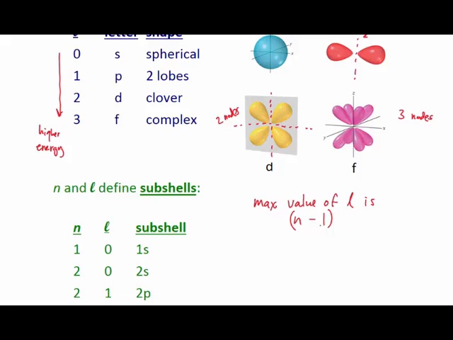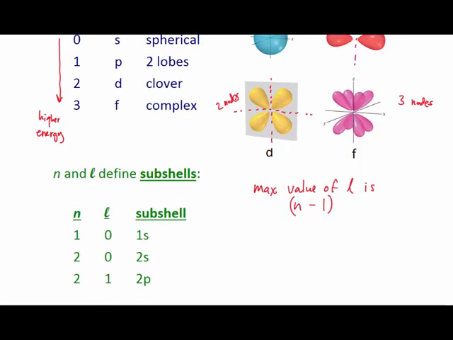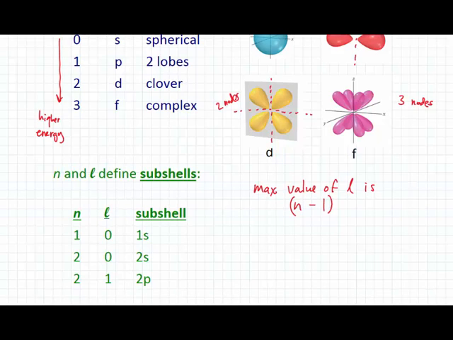If we have an electron in the second principal quantum number, we could have l equals 0, which is a 2s. And the only difference between 1s and 2s, if you draw 1s as a sphere, is that 2s is also going to be a sphere, but it's going to be larger.